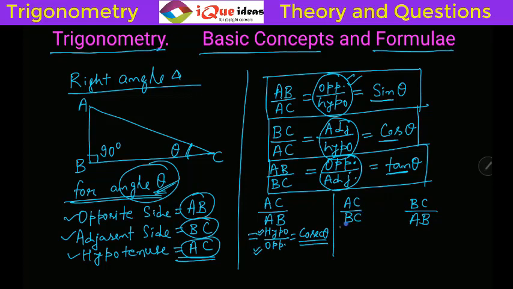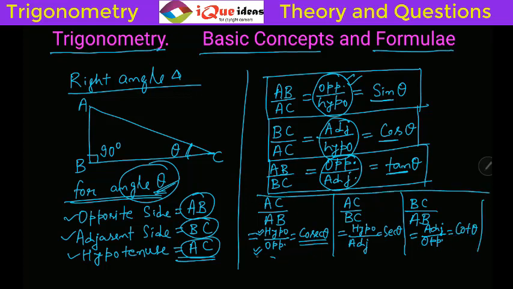Similarly, this AC upon BC, for angle theta, is hypotenuse divided by BC, the adjacent side. And this is defined as sec theta. And this BC upon AB is defined as adjacent side upon opposite side, and this is defined as cot theta, right? So the basic definition of all the trigonometric ratios we have identified.